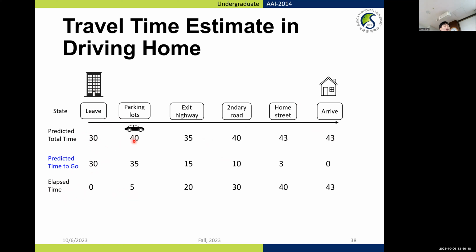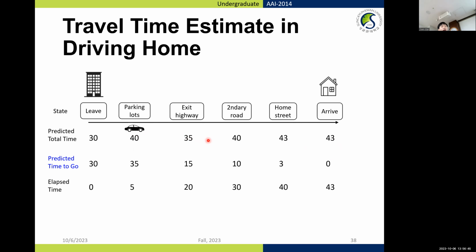But when you walk to the parking lot to get your car, you feel like, oh, it may take 40 minutes to reach home. Then gradually, when you drive onto the highway and leave the highway, you think, oh, I may spend only 35 minutes to reach home, because the highway traffic is not that heavy and you drive faster.